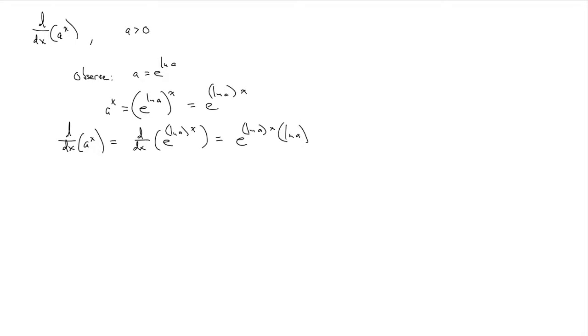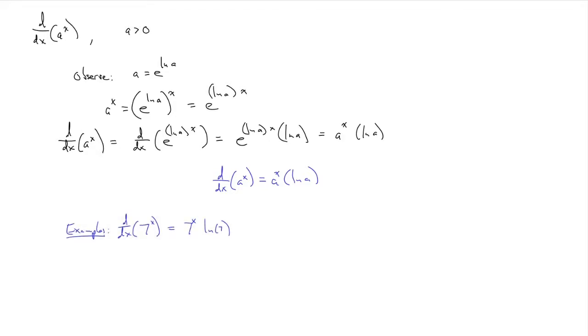And since, as we've already seen, e to the natural log of a times x is just another way to write a to the x, we get a to the x times the natural log of a. And so what we've just done is come up with a formula for the derivative of a to the x. It's a to the x times the natural log of a. So for example, the derivative of 7 to the x is 7 to the x times the natural log of 7.